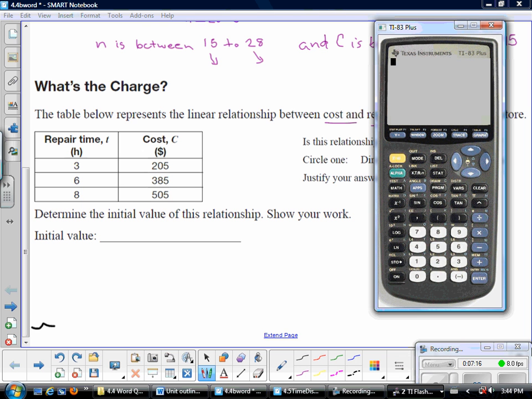So if I take 205 and divide it by 3, and then 385 divided by 6. Notice those two numbers are different, so I know it's not direct. So just doing that would tell me it wasn't direct.